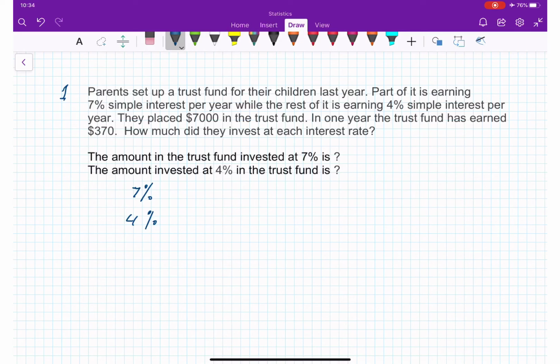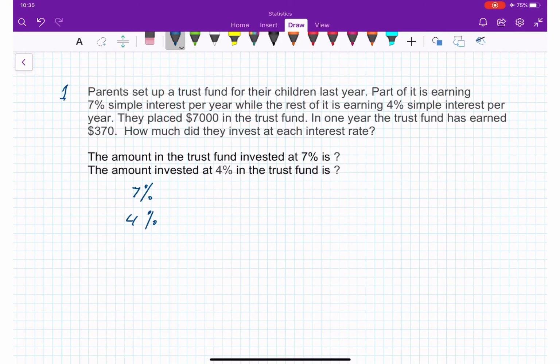So they placed $7,000 in the trust fund total. In 1 year, the trust fund has earned $370. How much did they invest in each interest?